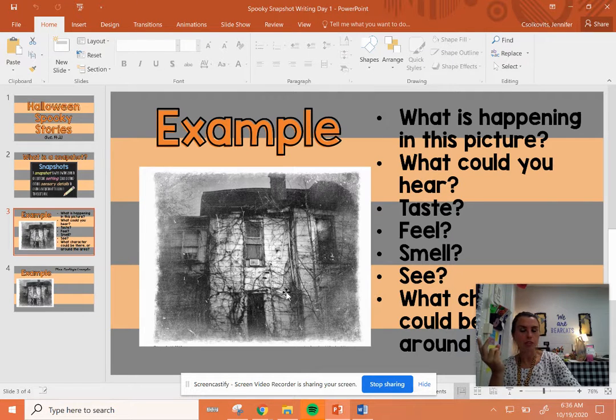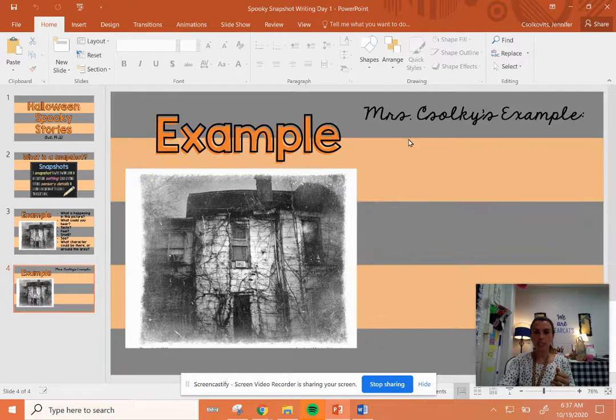What do you feel is another one? Are you feeling spooked? Are you feeling excited to go into this house? Are you tasting the fear, or are you tasting maybe something happened and you're tasting blood in your mouth? So I'm trying to make an example here. I'm trying to pretend that I'm making a story. That's actually what you're going to do today.